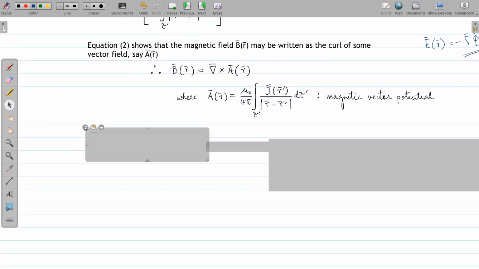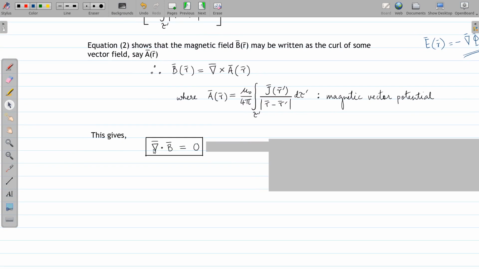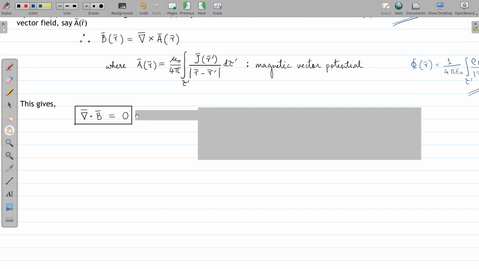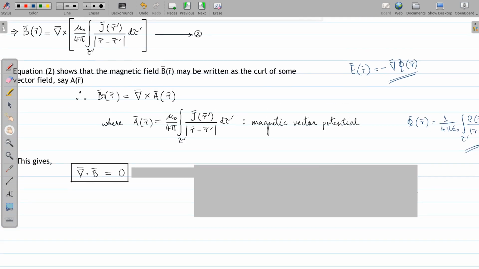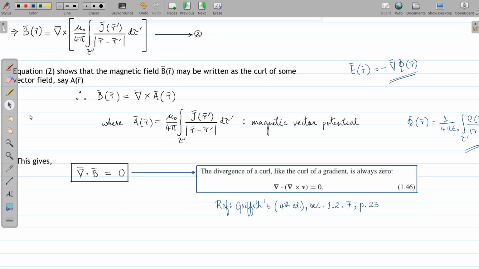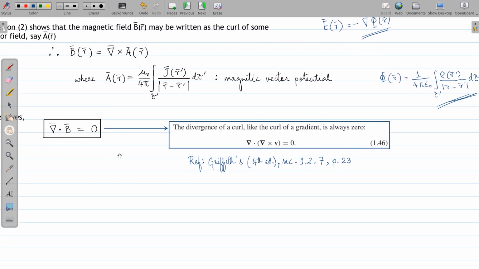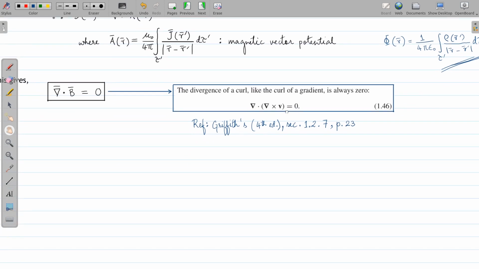So this finally gives us this important relation, that is divergence of B is equal to 0. How does it follow from here? Because you can see B can be written as curl of A, and there is a relationship which I had taken from the first chapter in Griffiths, that for in general any arbitrary vector field V, the divergence of the curl of the vector field is always going to be 0.